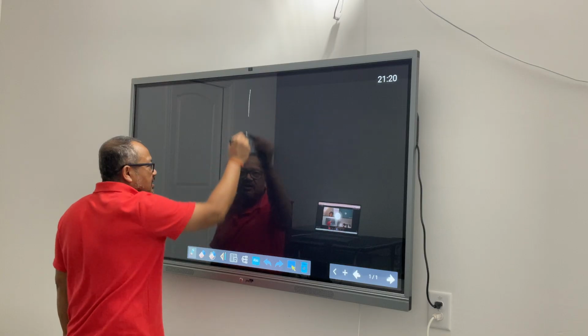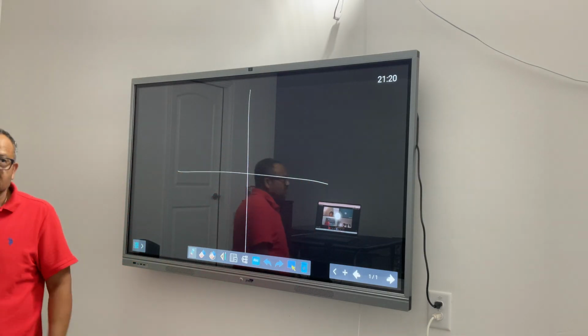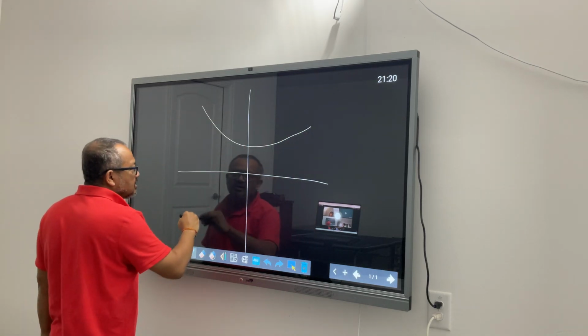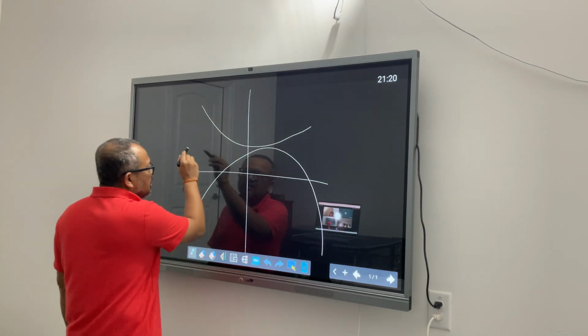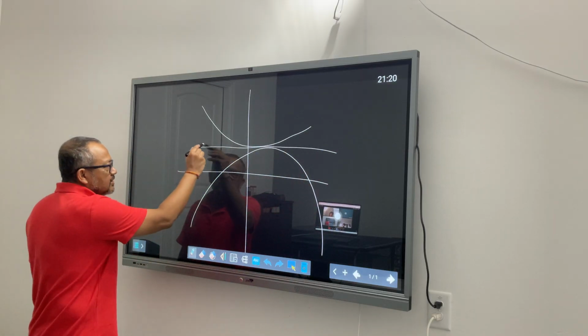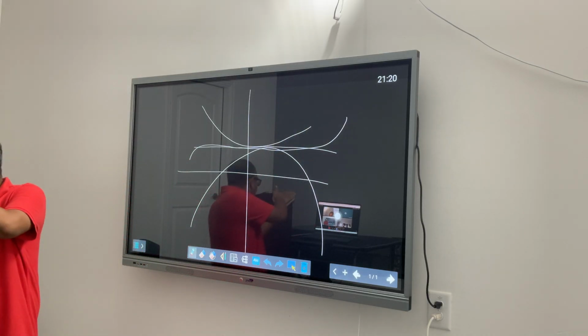Let's move on. So, basically, what the Squeeze Theorem says, like what Chris explained, is that if you have one function like this, another function like this, and a third function whose graph is squeezed, or sandwiched, between the two functions.